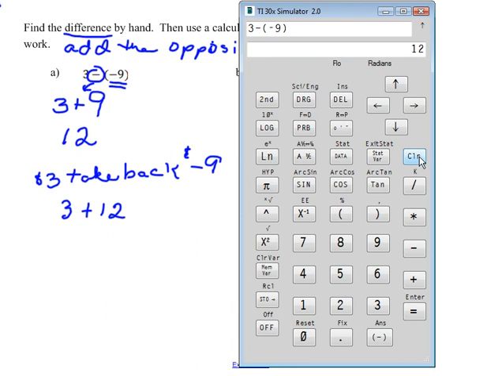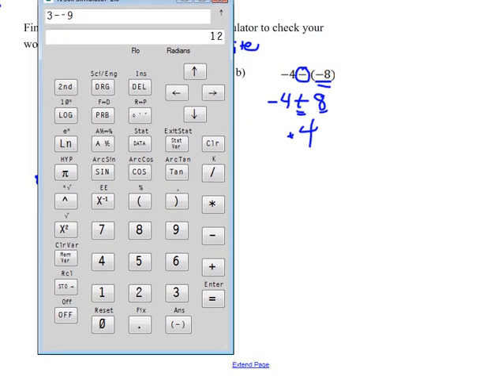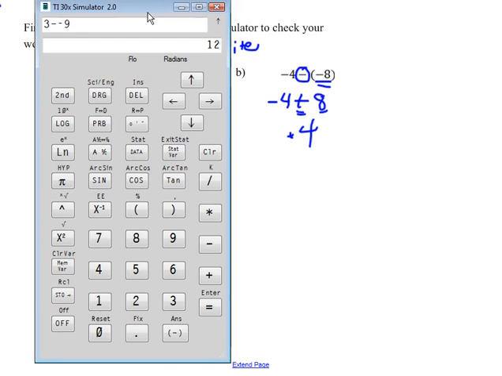We can also enter this in without the parentheses, and the calculator will still understand what we're doing. 3 minus negative 9. Notice this time we didn't put in any parentheses, and we're still going to come up with positive 12.